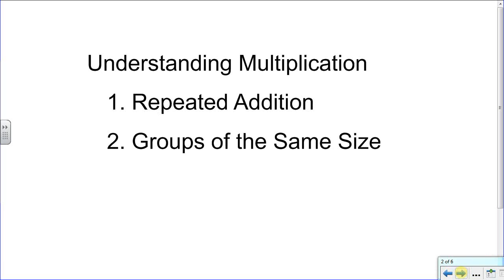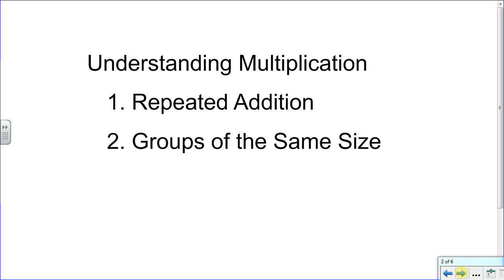Before we get into the example problems, I'm going to be talking quite a bit about multiplication and why multiplication makes sense for area and volume calculations. So I think we need to make sure that we're operating with the same understanding of multiplication. The first way that most people learn multiplication is that it's repeated addition, which is great and true and fine.